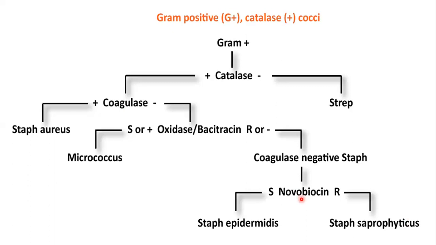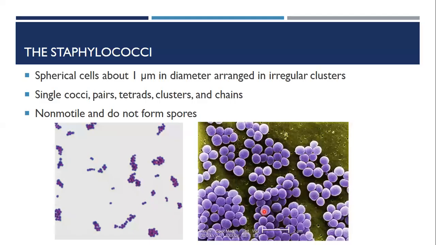Sensitive to the effects of novobiocin, meaning this particular organism is inhibited by the antibiotic novobiocin, is Staphylococcus epidermidis. Resistant to the effect of novobiocin is Staphylococcus saprophyticus. We will discuss these organisms one by one.